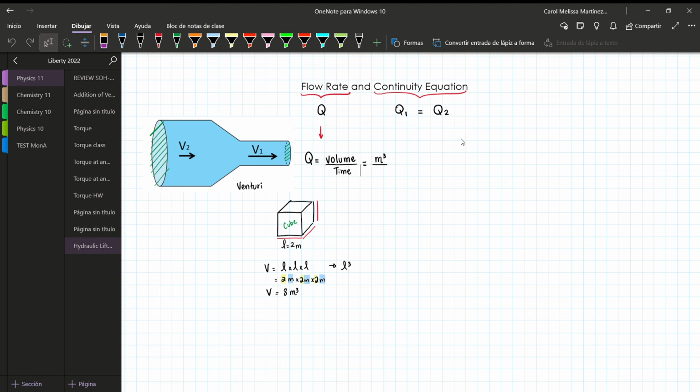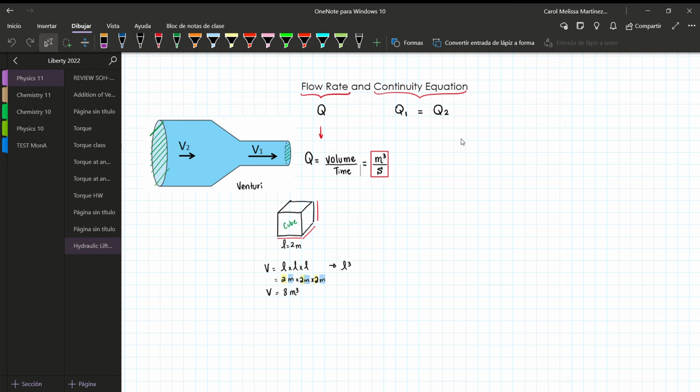The SI unit is the second, okay? So the unit that we're going to be using anytime we talk about flow rate is going to be cubic meters per second. It can also be measured in gallons per minute, gallons per hour, cubic meters per hour, liters per second, liters per minute, okay?